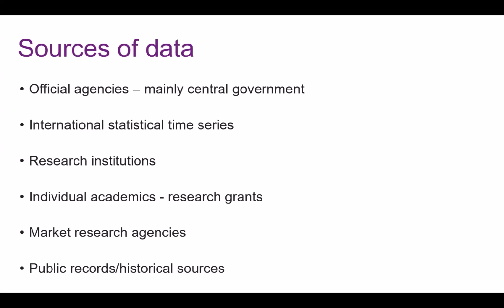And some is independently funded work as well. And also, of course, for some of the qualitative, originally paper-based materials, we'll hold the public records and historical sources for those. So that includes things like the census. Where we can, we try to digitize some of those old paper-based collections.